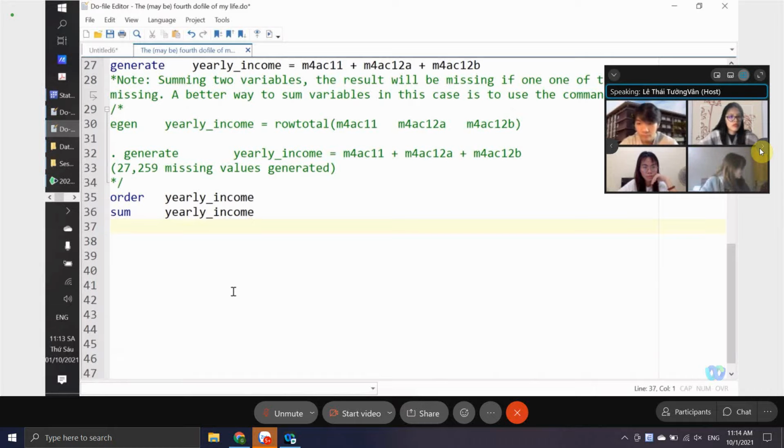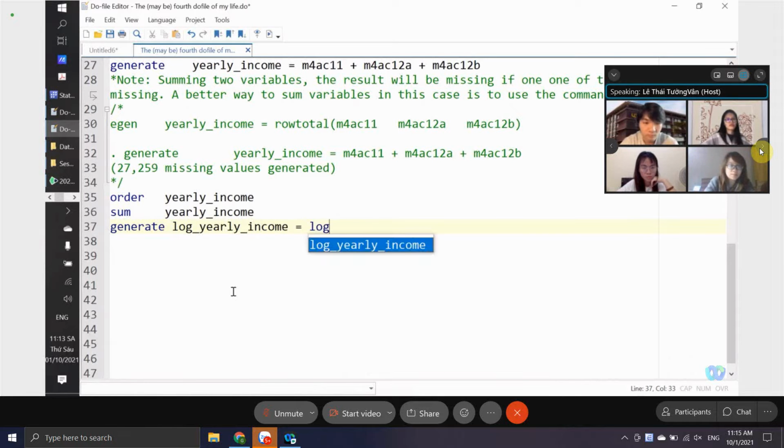And so the last thing you need to do whenever you do the analysis of monetary value is to take the log. So finally, you generate log of yearly income equal to the log of.